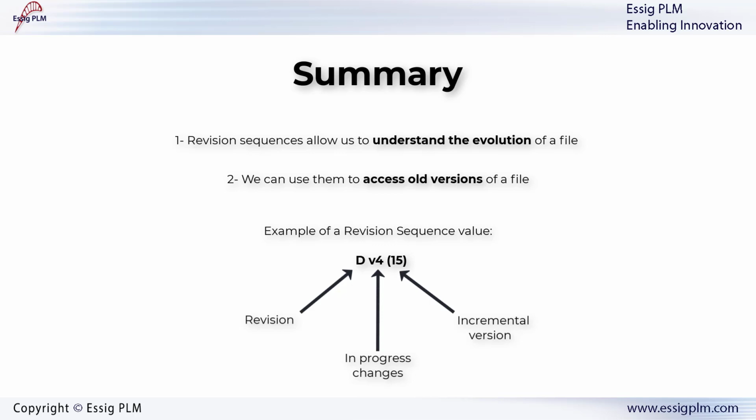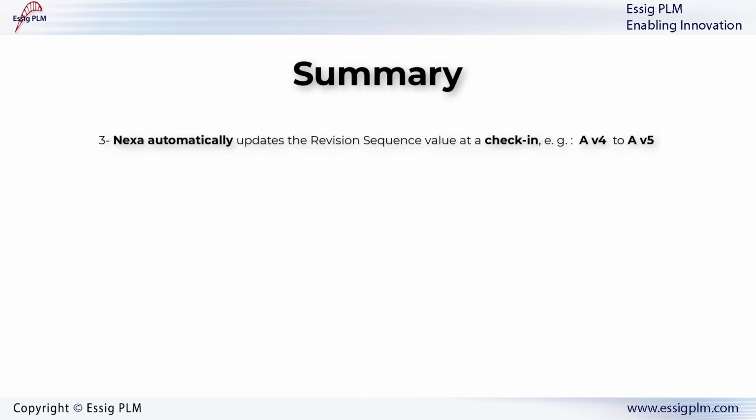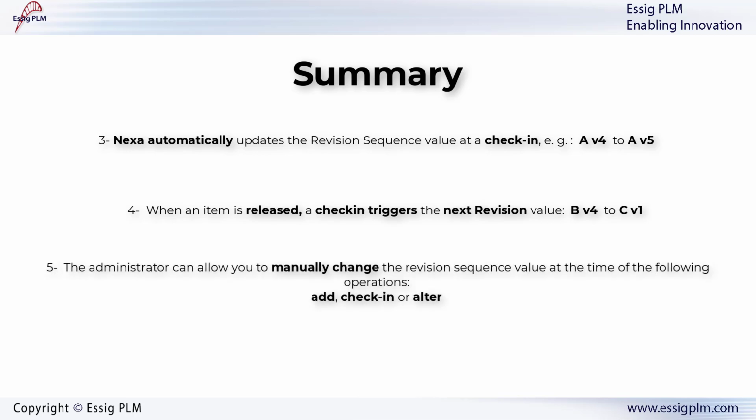The revision sequence can change in different situations. Nexa automatically updates the value of the sequence when a modified file is checked in. If the file has been released after a check-in, Nexa changes its revision to the next value and N is reset to 1. If granted by an administrator, a user can manually update the revision value during any of the following 3 phases: add, check-in, and alter.